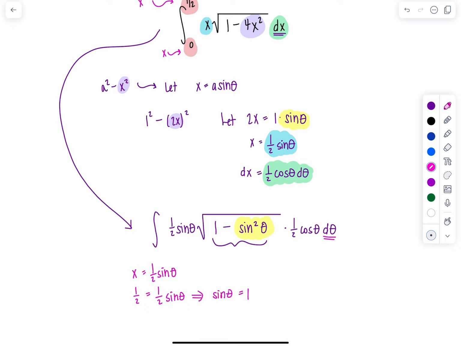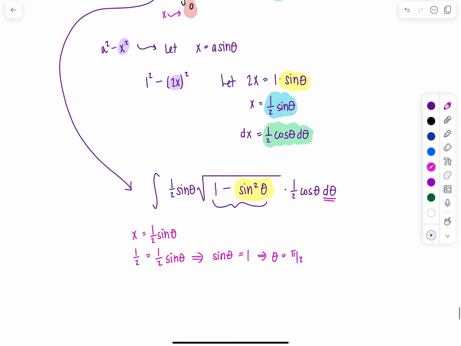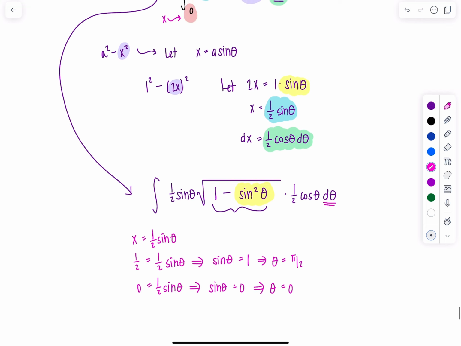Remember, we restrict theta when we do these trig subs, so the only theta that would satisfy that is pi over 2, although there's only one spot on the unit circle anyways. Now for the lower limit, which is 0, 0 equals 1/2 sine theta. That means sine theta is 0, which means theta is 0. Okay, so those are our new limits.